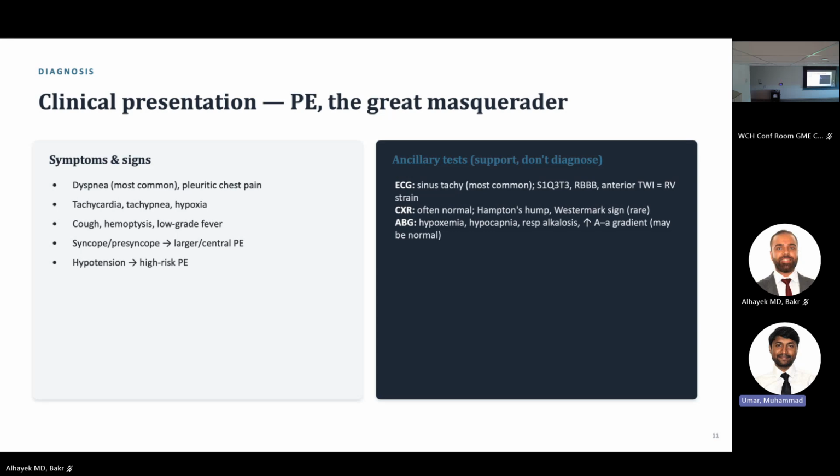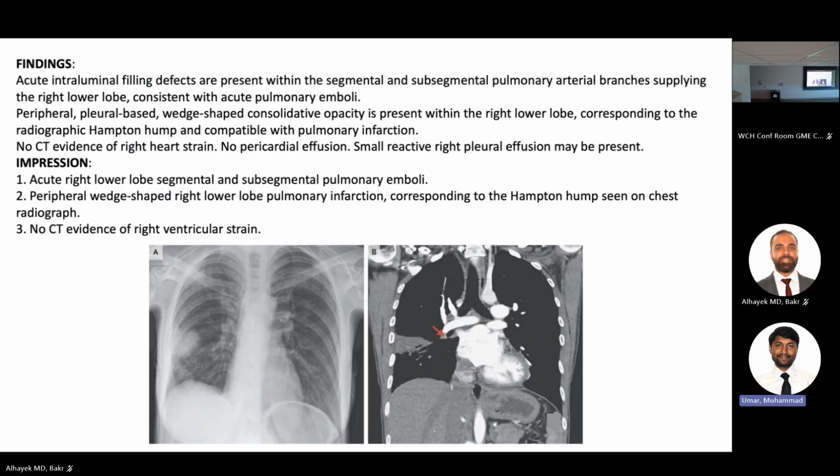What about the classic finding that we study in medicine? Of course. I have never seen one. It's very rare. You don't really see it that much. Also, it's not sensitive or specific. Great.